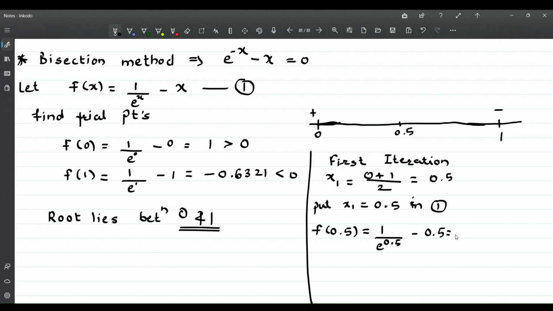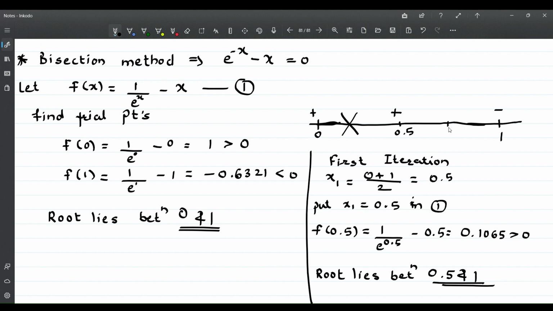The answer is 0.1065, which is greater than 0 because it is positive. So the sign positive, positive will get cancelled. The remaining interval is 0.5 and 1. So we can write here: root lies between 0.5 and 1.